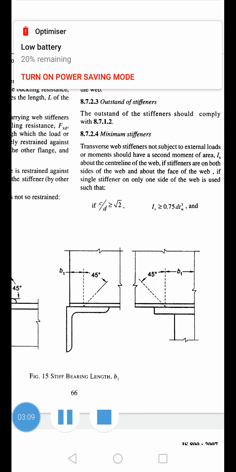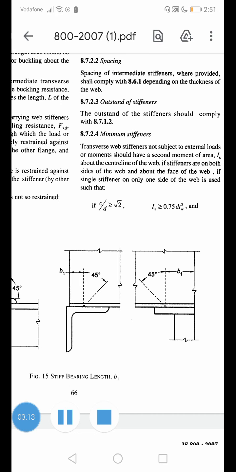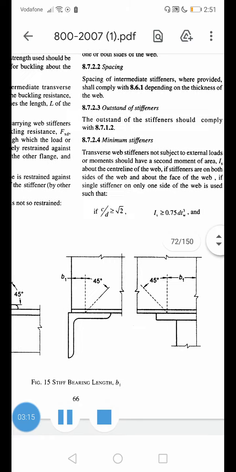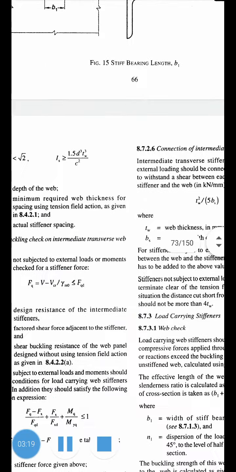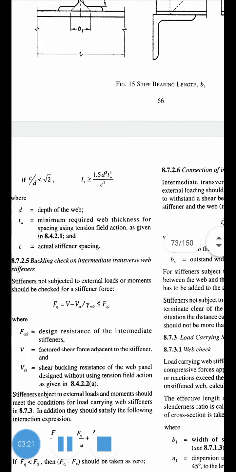Now here it is given that this condition is used only if stiffeners are provided on one side, then if C by D ratio greater than root 2, use these formulas. So these formulas are applicable for single stiffeners.